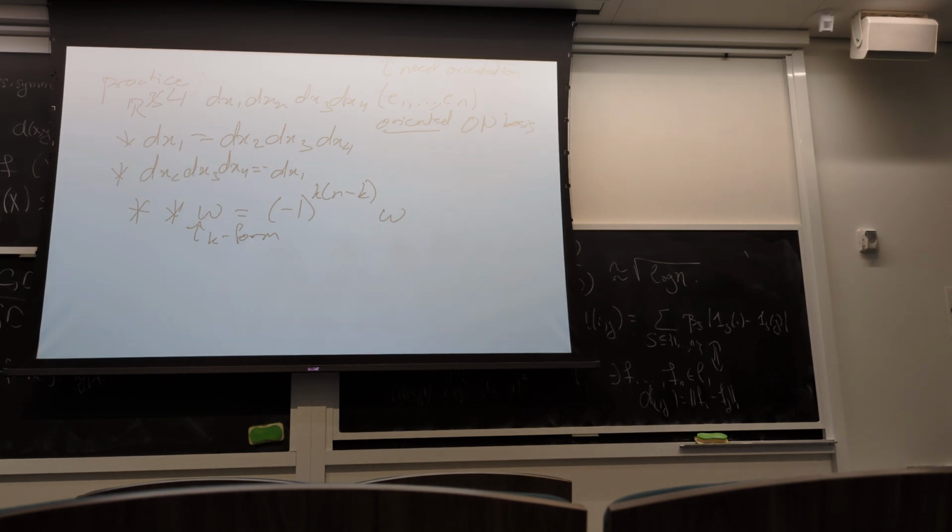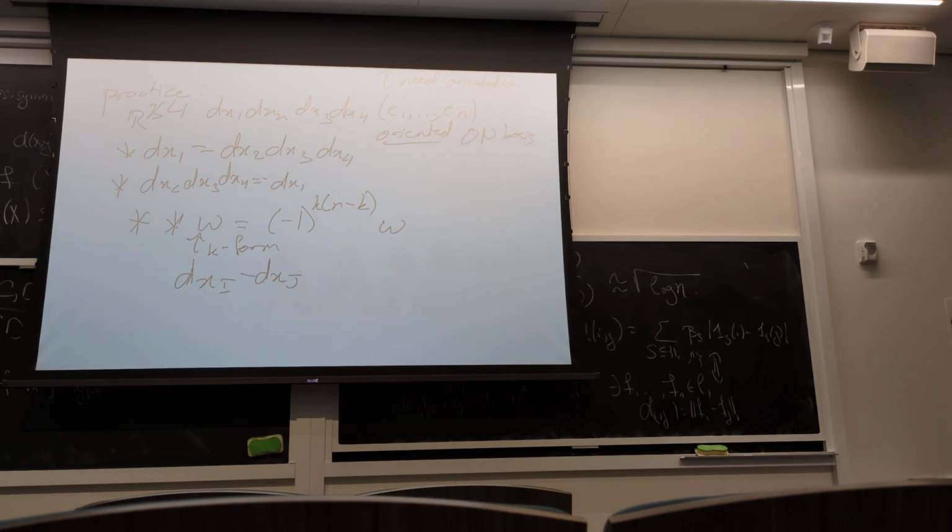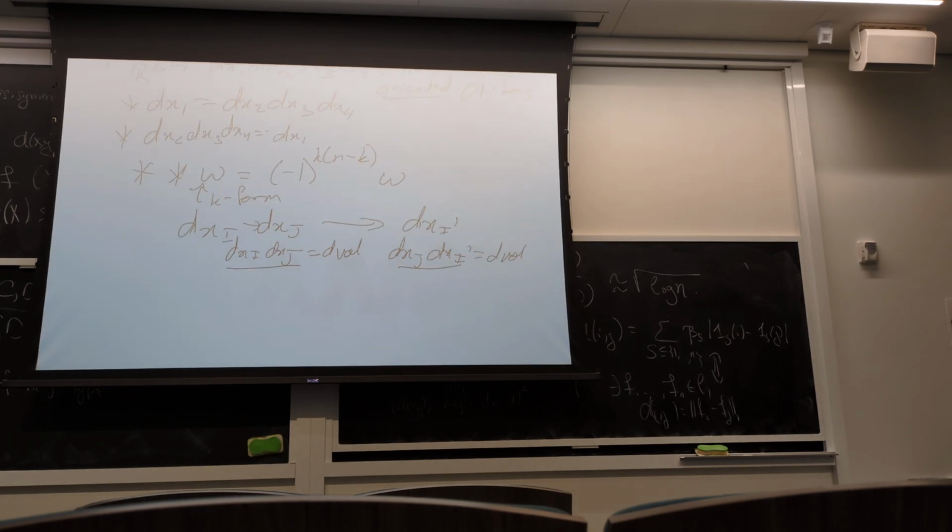Basically, it's because you have dx_i, then you go to dx_j such that dx_i dx_j equals the volume. But then you go to dx_i prime, such that dx_j dx_i prime is equal to the volume. And so these two are equal up to a plus or minus sign.